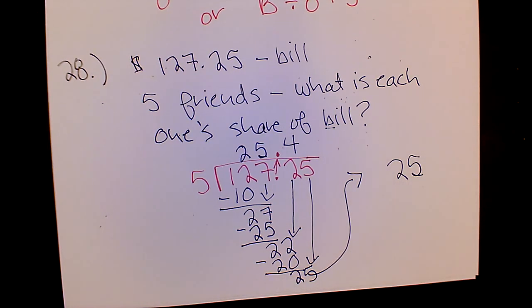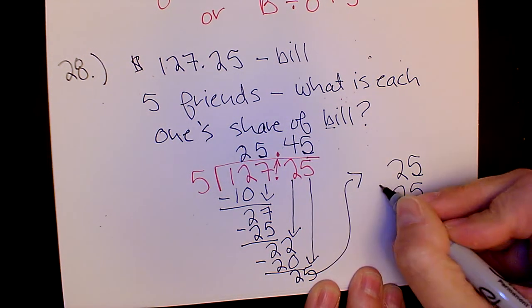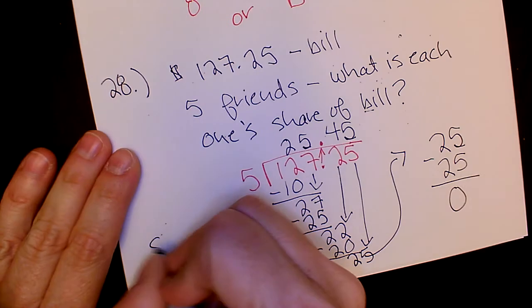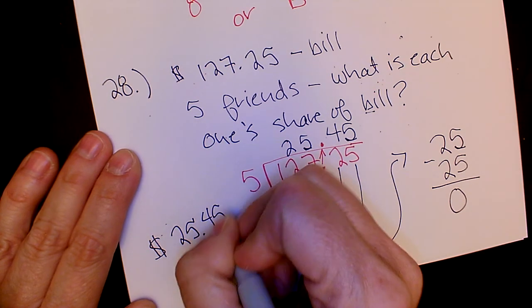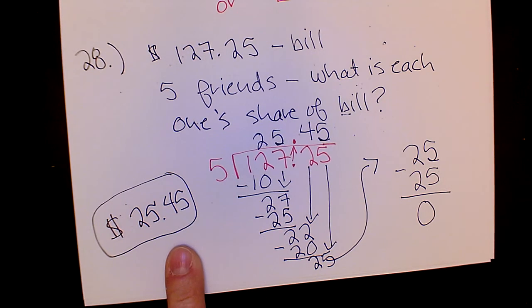And 5 goes into 25 5 times. And when we subtract, we have nothing left over. So each person's share of the bill is $25.45.